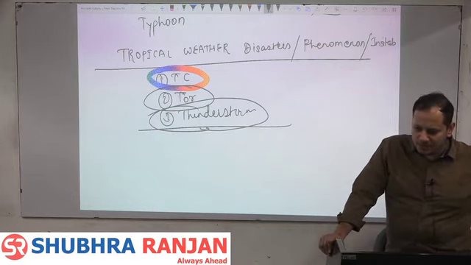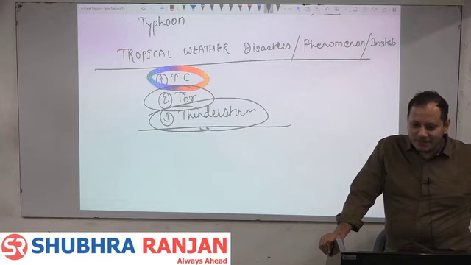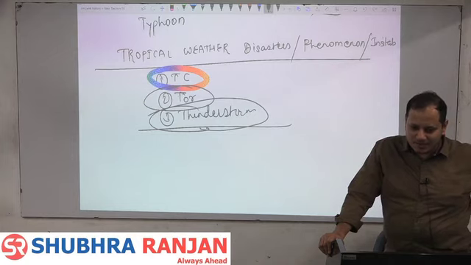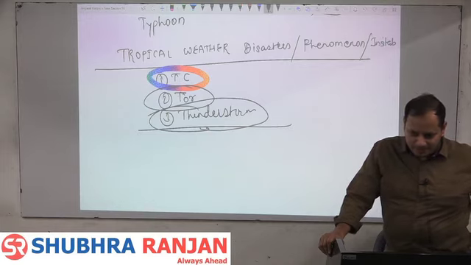Tornadoes. What is happening due to the Gulf Stream? Warm air mass is coming, and due to the absence of mountains, cold air mass is coming, and as a result of this, that is what is known as tornado alley or tornado belt.